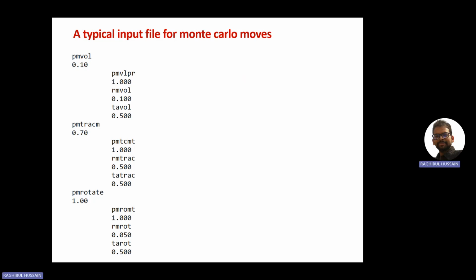Here PR is probability. So what is the probability of doing the volume move? It means if your number is less than 0.1, then it is sure. One means that it is sure that we have to perform the volume move. One means probability is 1. It means if you have already selected the volume move, then one means you have to perform the volume move.